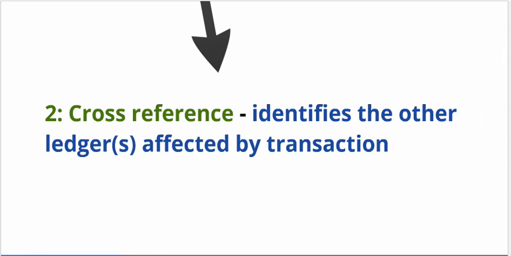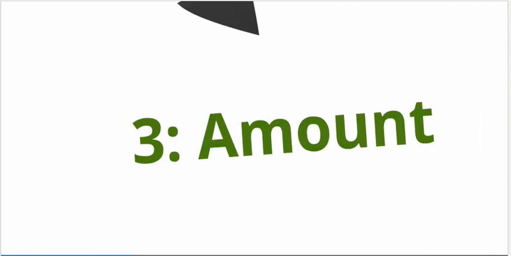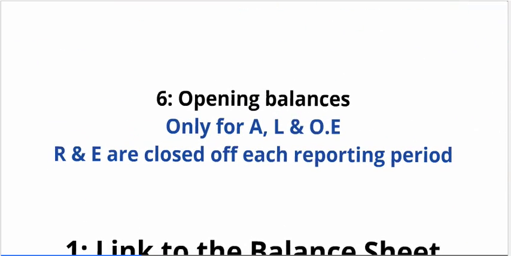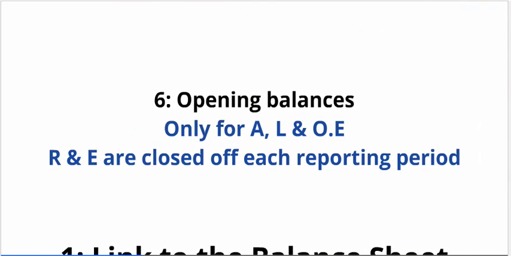This is going to support the audit trail should we have any bookkeeping errors when we're actually posting from the journal to the ledger. And of course, we must have, to comply with the monetary unit principle, the amount in Aussie dollars.